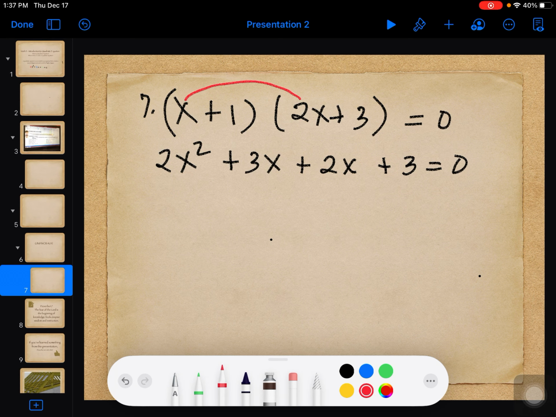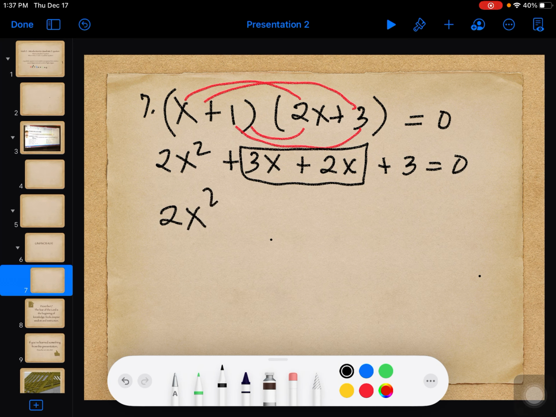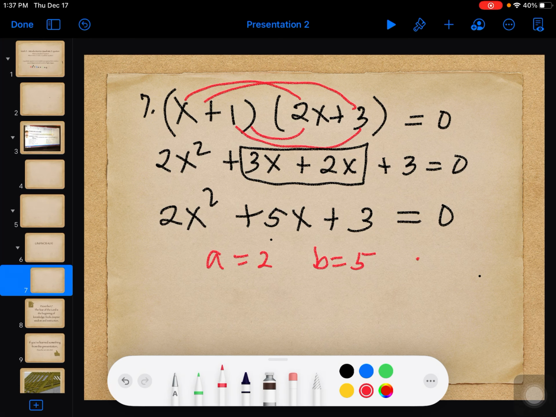First terms, outer terms, inner terms, last terms, and then we get their products. So we have to simplify by combining similar terms. So you have 2x squared plus 5x plus 3 equals 0. There you go. So we're now ready to write down A equals 2, B equals 5, and C equals 3.